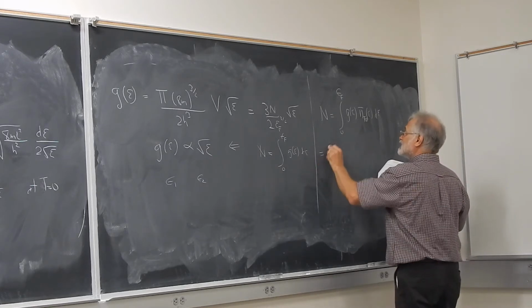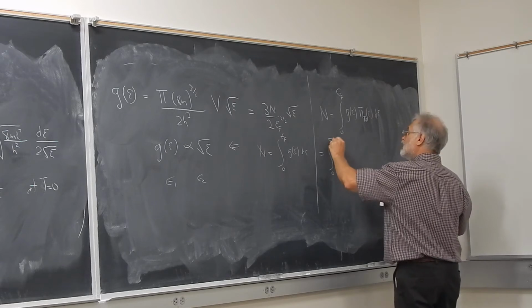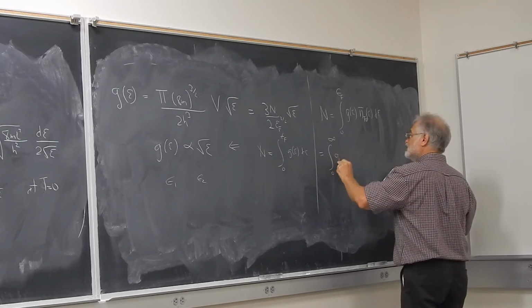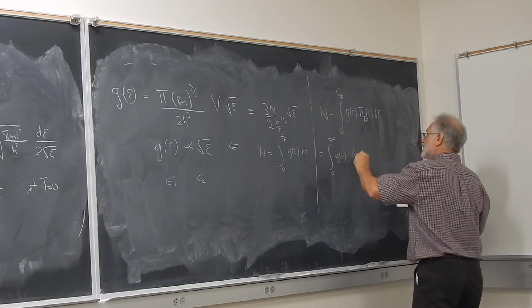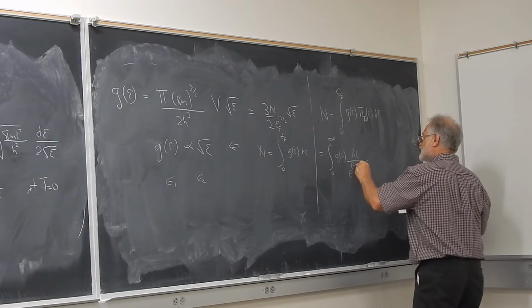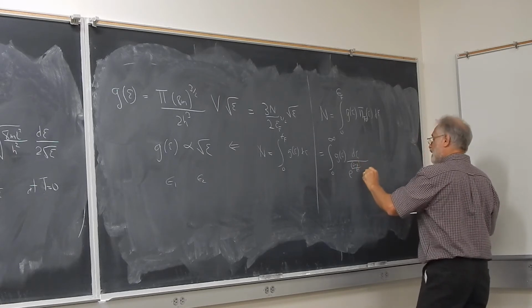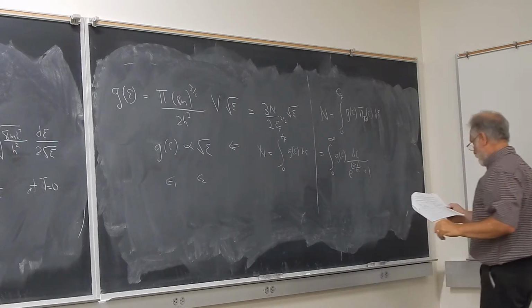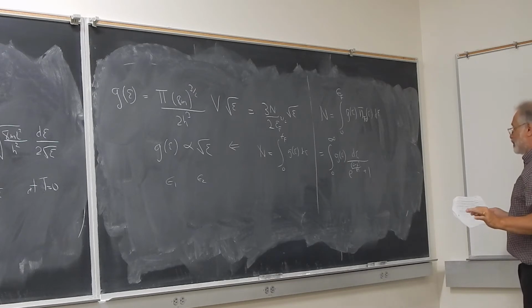And I can write this as the integral from 0 to infinity of g of E dE over e to the (E minus mu) over kT, or times beta, however you like, plus 1, for any temperature.